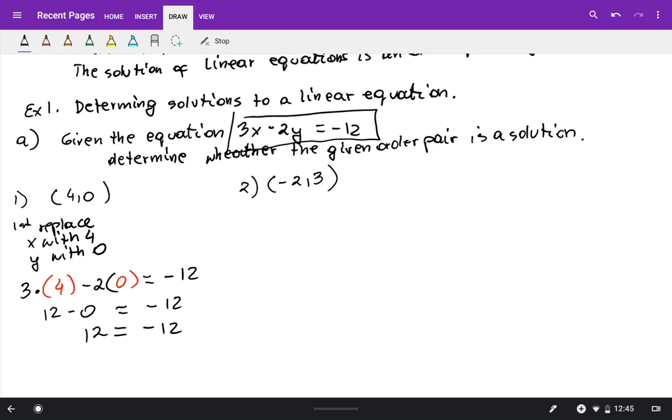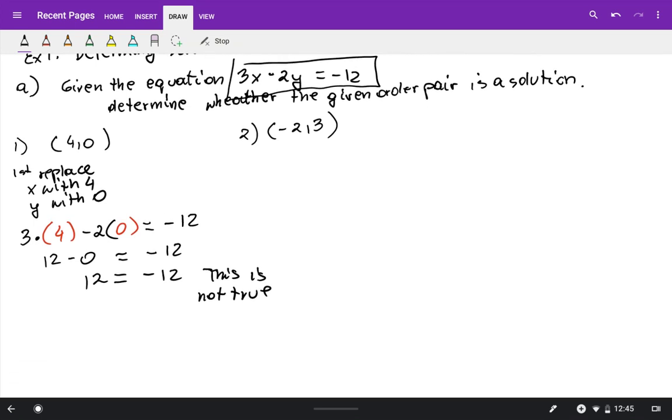So since this is not true, 12 is not the same as negative 12, the point 4 comma 0 is not a solution of the given equation.